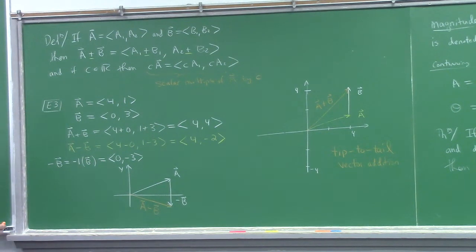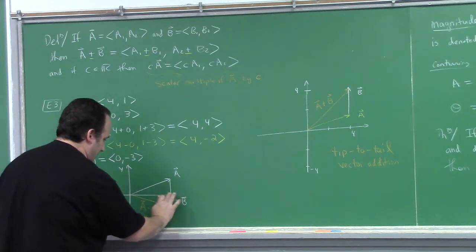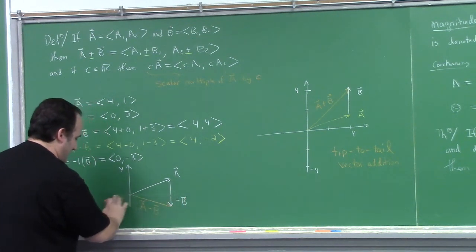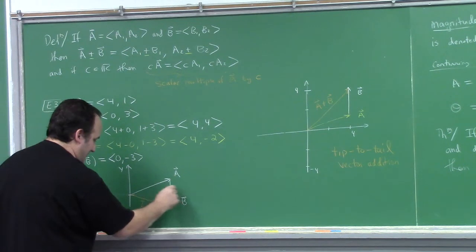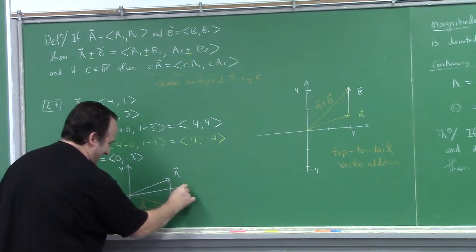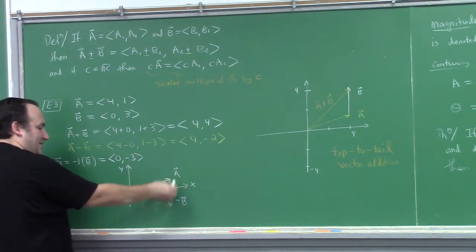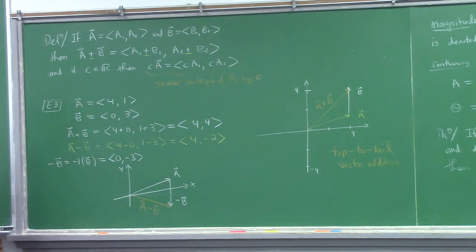Obviously, I have not done it right here. Let me fix it. There's no good way to fix it, but here's my poor attempt at fixing it. Because A is supposed to be 1 unit up, and minus B is 2 units down below the x-axis.